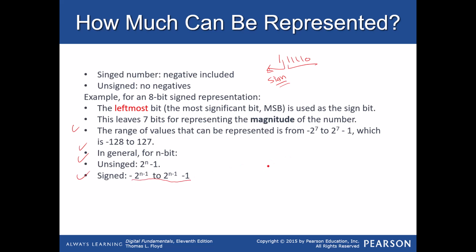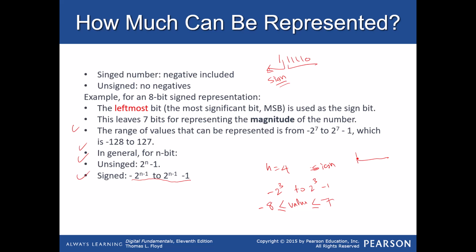Let's say I want to have n equal to 4, for a signed number. Then I have the range from negative 2 to the n minus 1, which is 4 minus 1 is 3, to 2 to the 3 minus 1, and the values will be greater than or equal to negative 8, and less than or equal to 7.